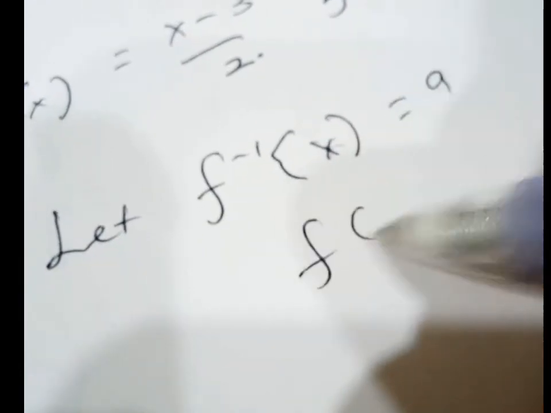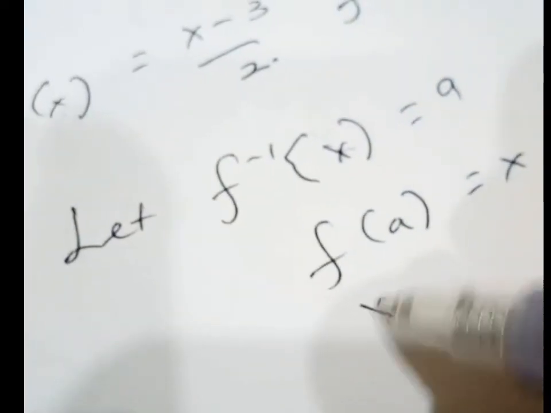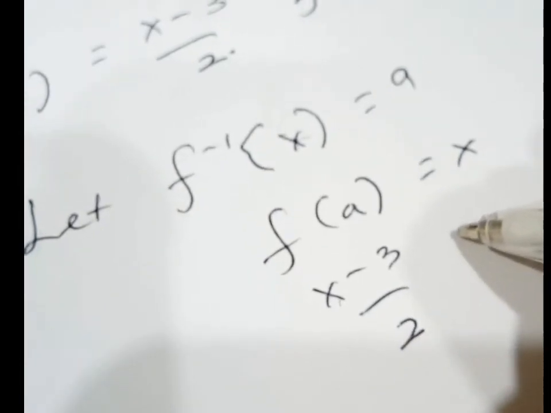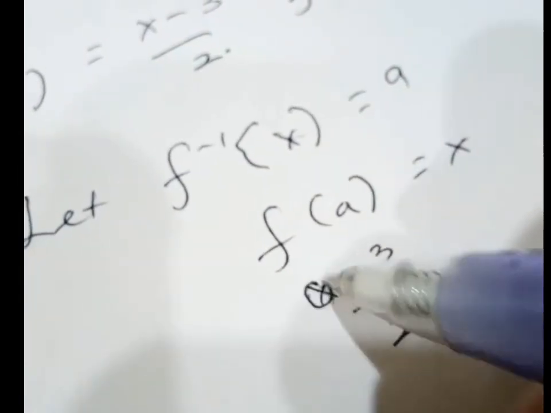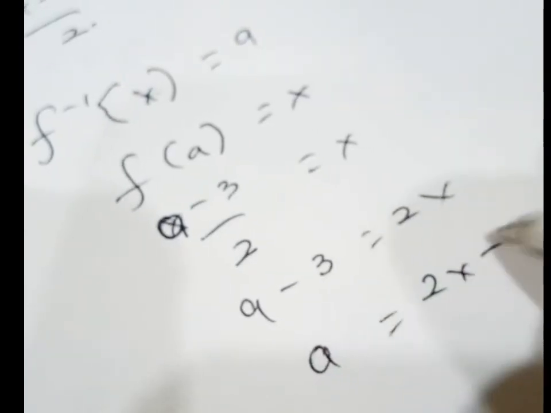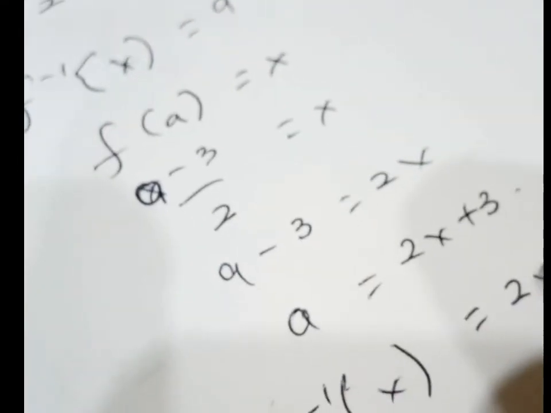So f of a is x, so replace x here by a. We have a minus 3 over 2 equals x. So a minus 3 equals 2x, and a is 2x plus 3. So f inverse of x is 2x plus 3.